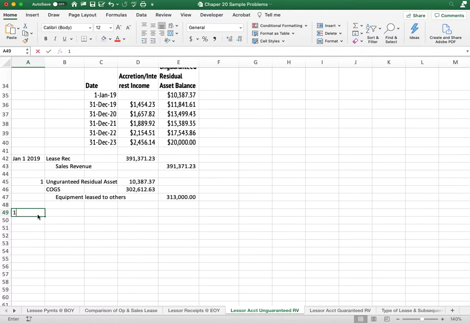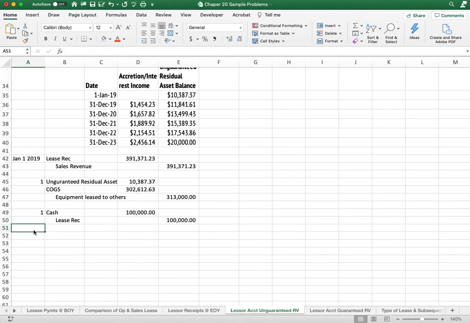Then finally on the first, we're going to have a debit to cash and a credit to lease receivable for that first payment of $100,000. When I say payment, I mean the payment from the other company to us, so it's really a receipt.